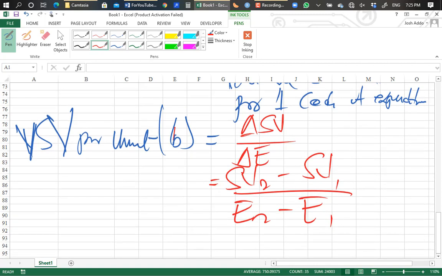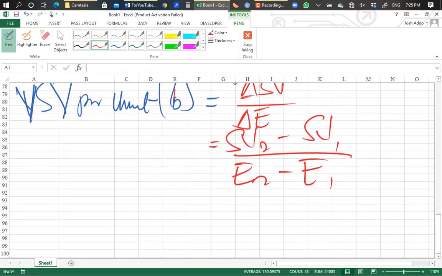That measures the variable sales volume per unit of expenditure, per CD of promotional expenditure. Right? So let's just slot in the values. So we just have to identify or determine the highest SV2, or highest sales volume.